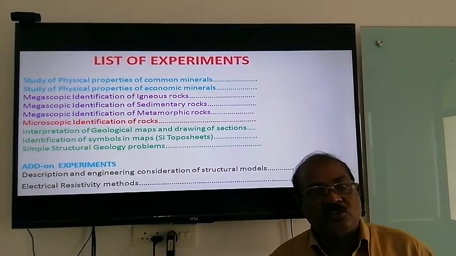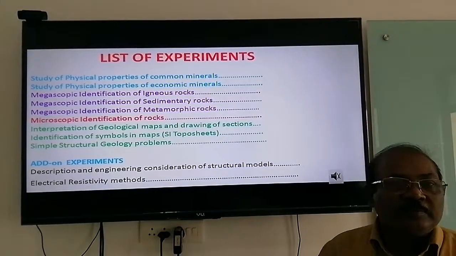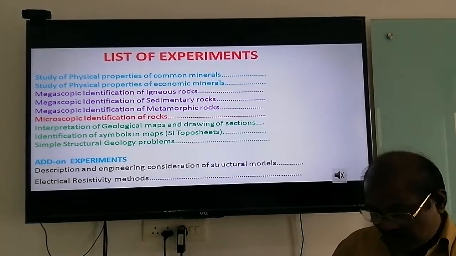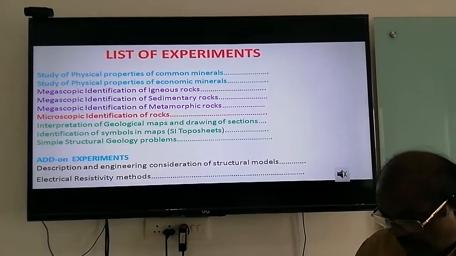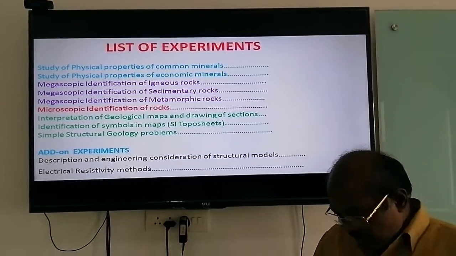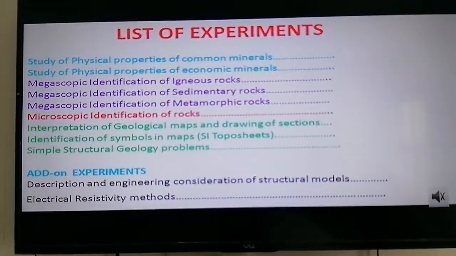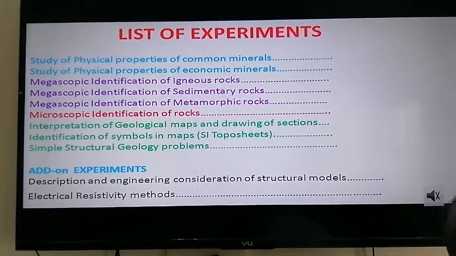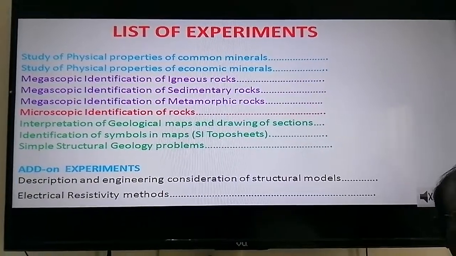of igneous rocks, sedimentary rocks, metamorphic rocks, microscopic identification of rocks and minerals, interpretation of geological maps and the study of sections, identification of symbols in the maps of Survey of India topo sheet, and simple structural geology problems.